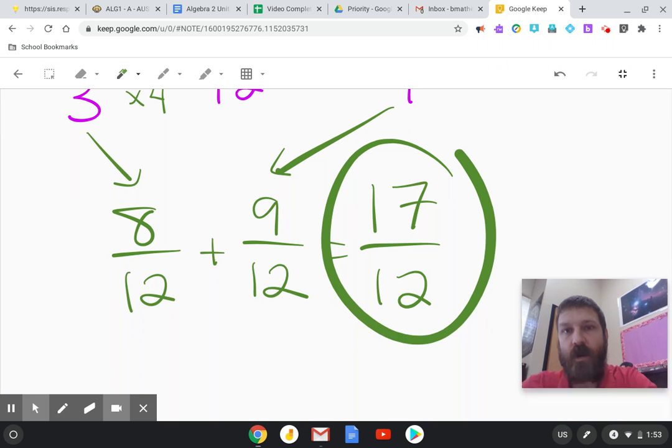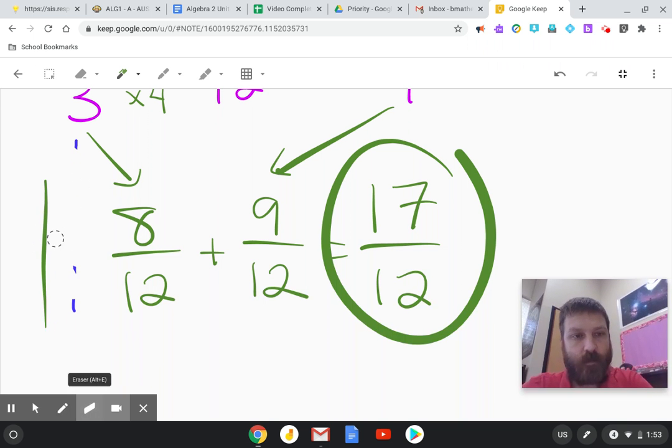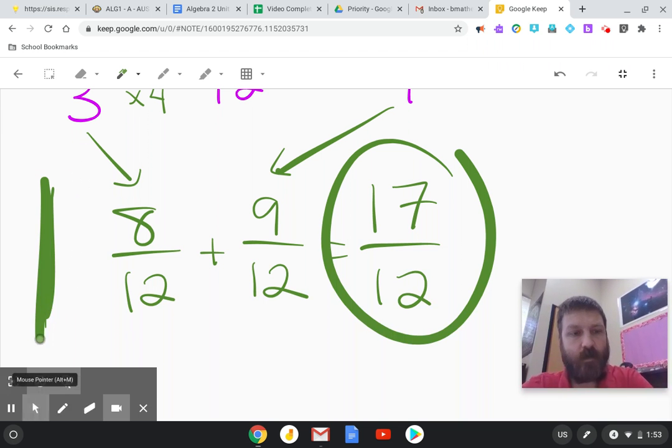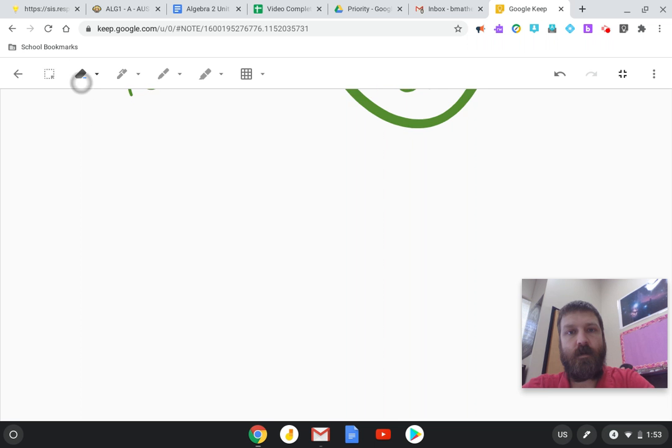So I'm going to do one other example of this just so you can see. Let me erase all this. Sorry about that. All right, so let's do another example of my least common denominator.